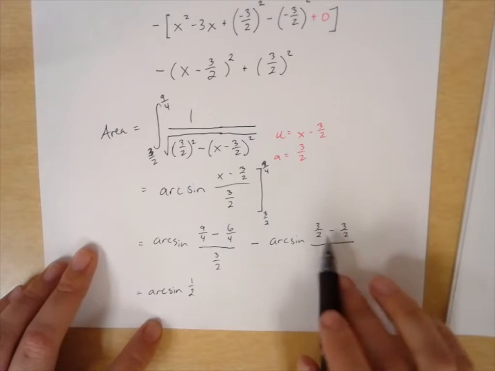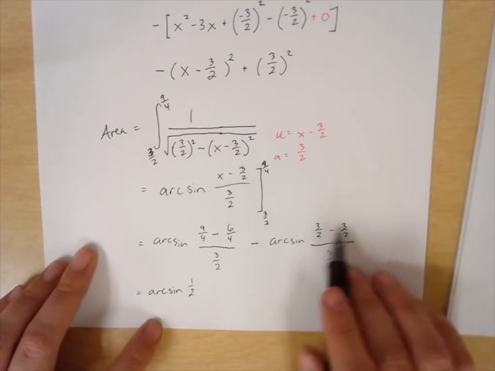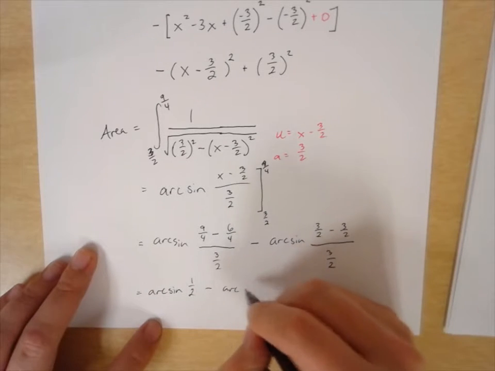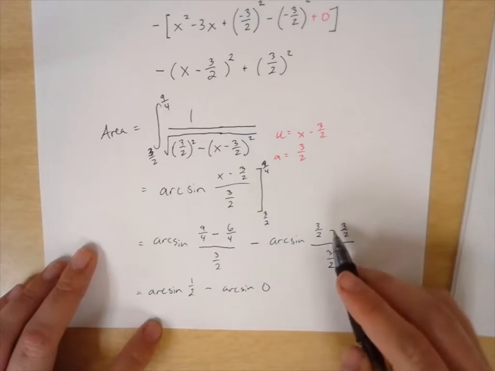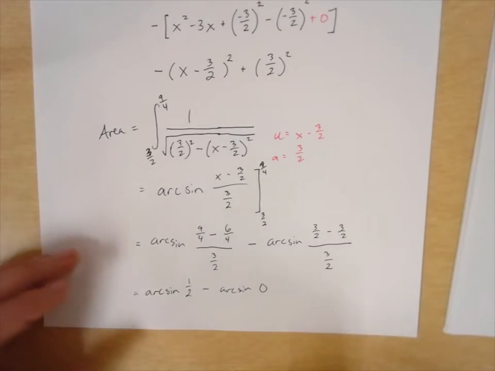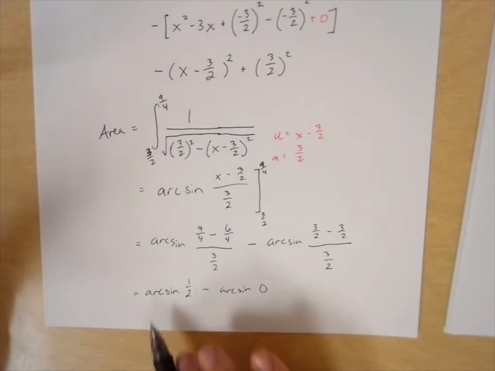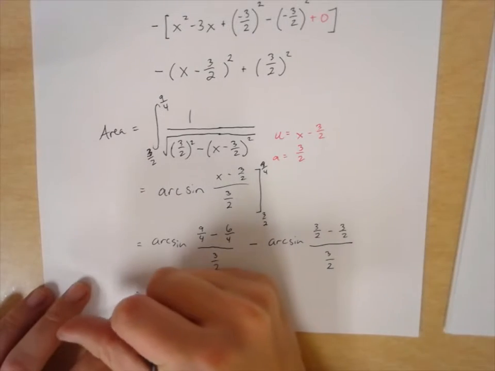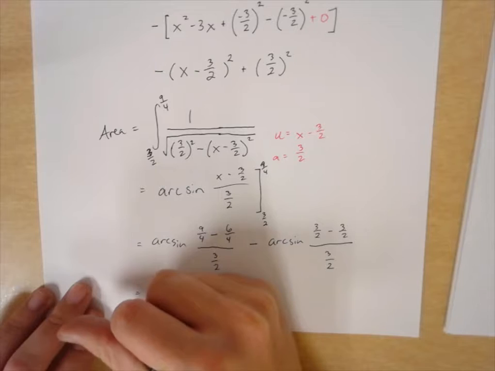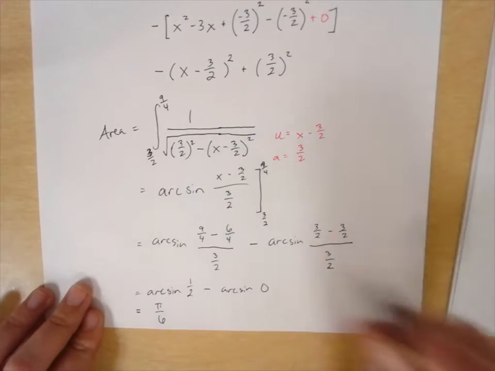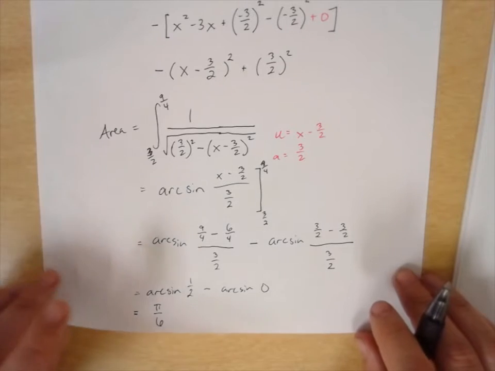And then when I do 3 halves minus 3 halves, I get 0, and then I'm just taking arc sine of 0, because if I have a 0 on top, it makes the entire thing 0. And when I do those trig evaluations and I subtract, I end up getting pi over 6 as my solution.